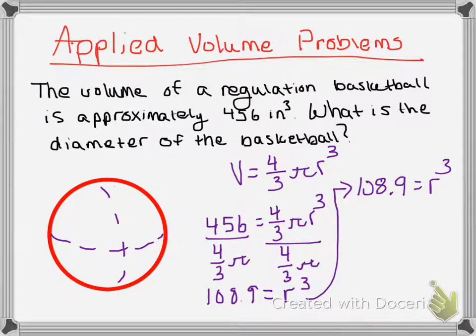Now, we know that we do the opposite of squaring something by taking the square root. Well, the opposite of cubing something is taking the cube root. When we're doing r cubed, it's actually r times r times r. So we've got to do the cube root, which will figure out what the r is.